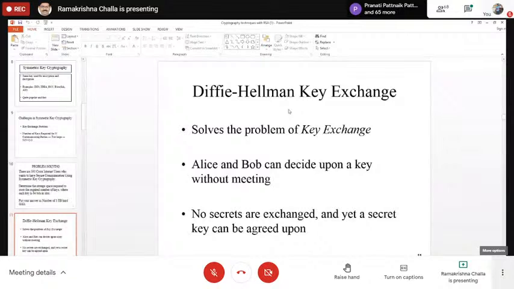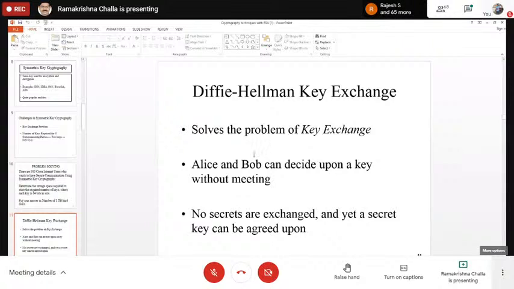So never ever underestimate your students, and also see that your students do not underestimate you. Diffie was a student, Hellman was a professor, who developed this key exchange protocol 50 years before. They demonstrated with their algorithm that Diffie-Hellman key exchange solves the key exchange problem in symmetric key cryptography. We will see it in the next slide.